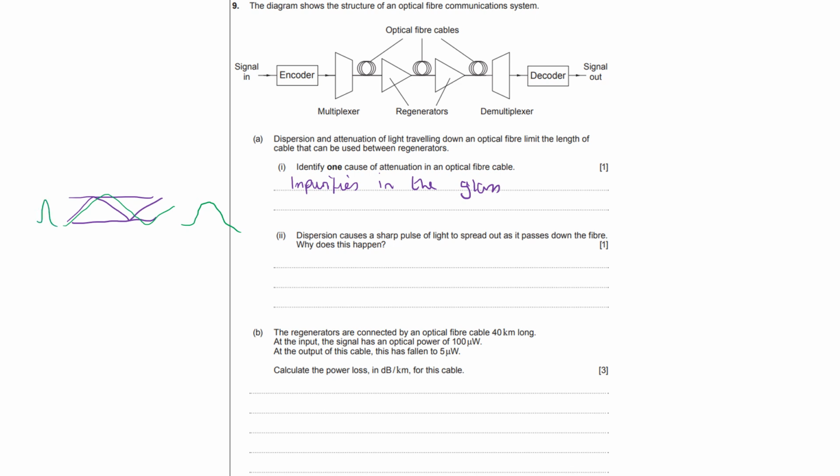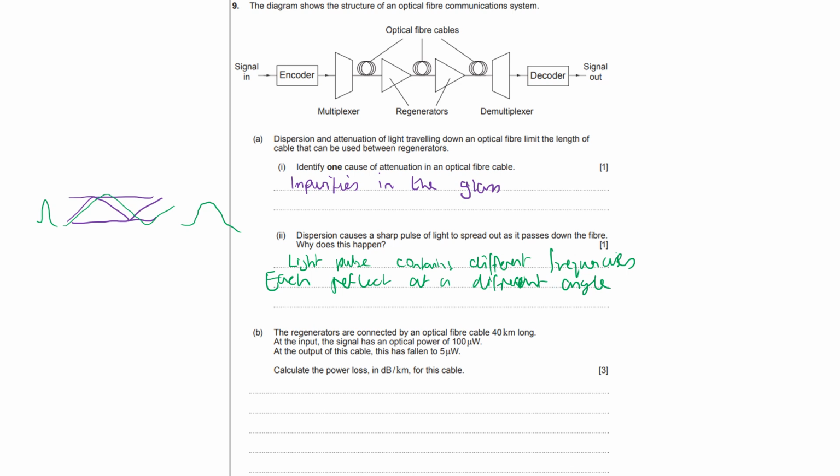Basically it's saying that something like a light pulse contains different frequencies, so each reflects at a different angle. Yeah, so that's the idea.